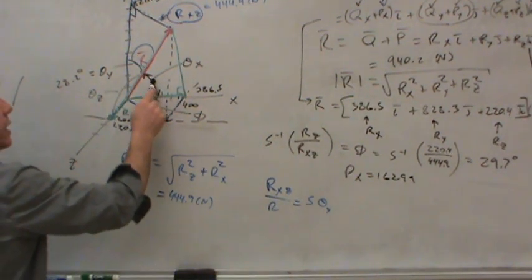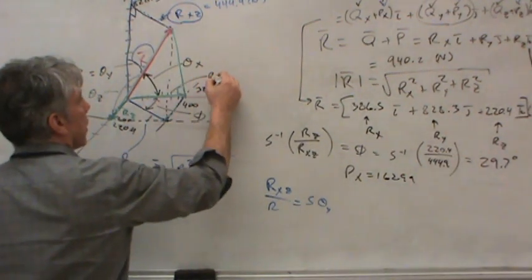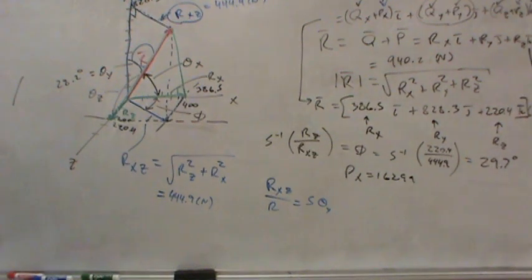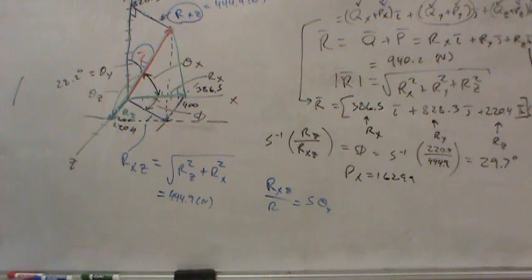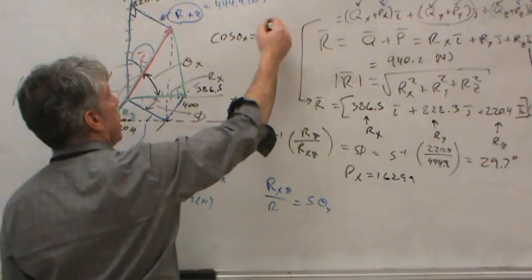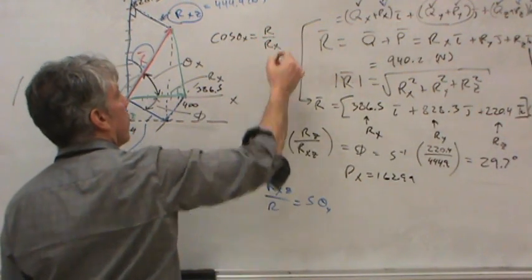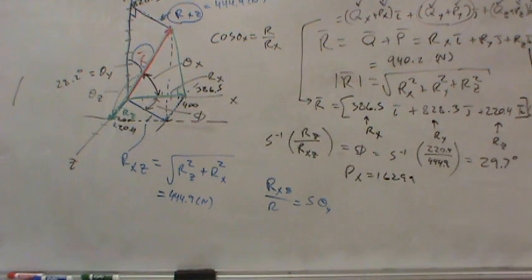I've already got the length rx. So to get theta x, does theta x touch rx or not? Yes. So it's a cosine relationship. So the cosine of theta x equals r over rx, and guess what? That's that equation that's in your book. Remember that? Here, go look at it. Page 63.